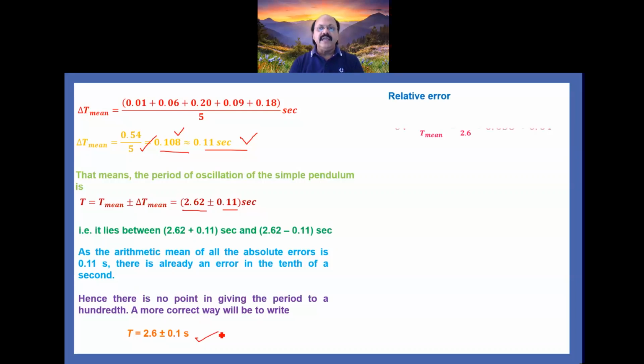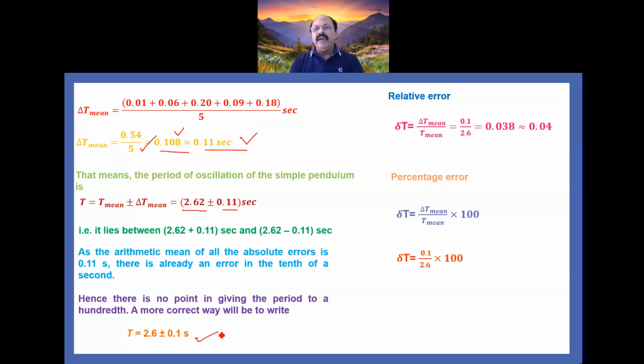Now we calculate the relative error. Relative error delta T equals delta T mean upon T mean, that is 0.1 upon 2.6, equal to 0.038, which is approximately 0.04. Similarly, find the percentage error: delta T equals delta T mean divided by T mean multiplied by 100.